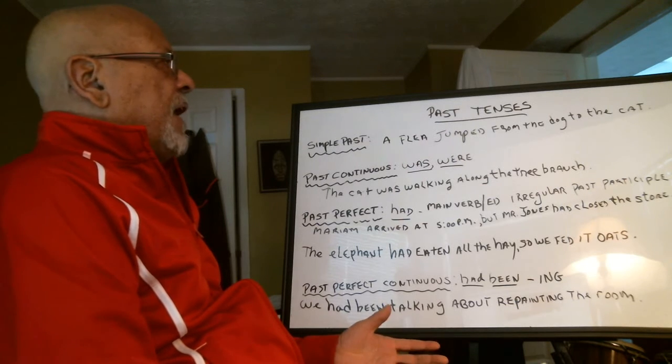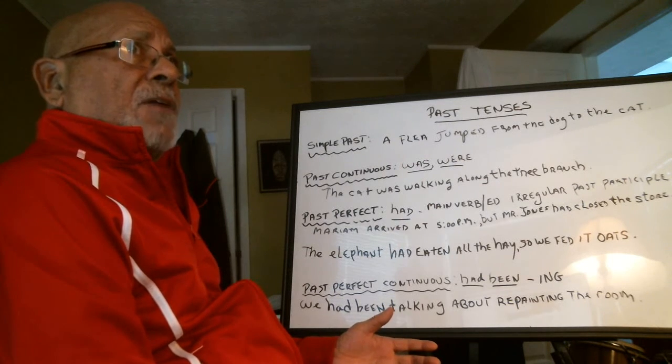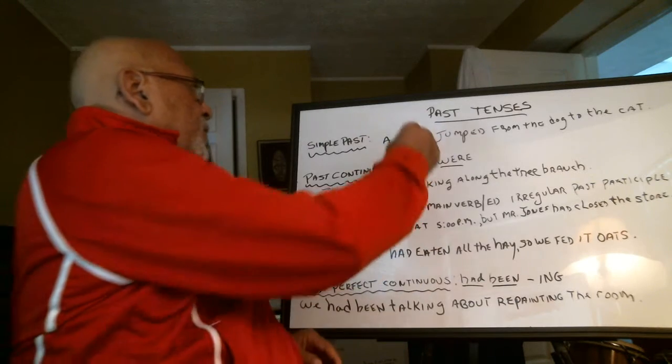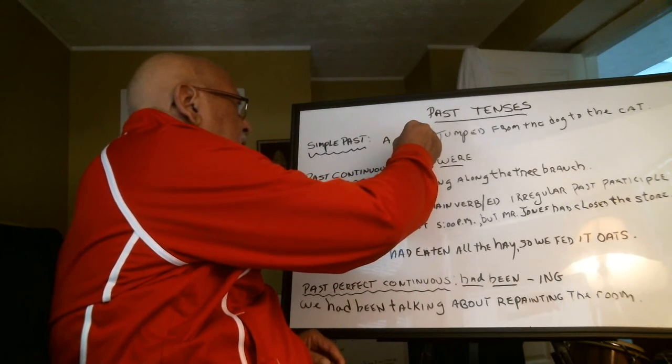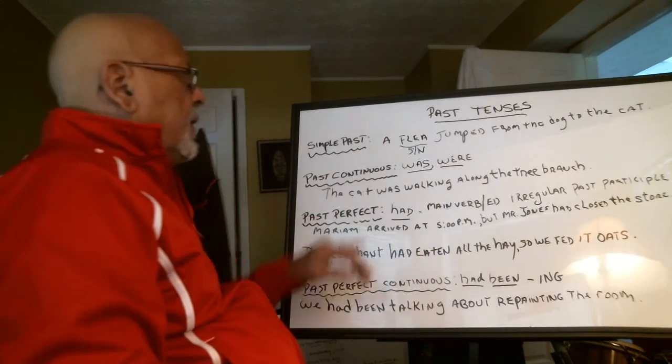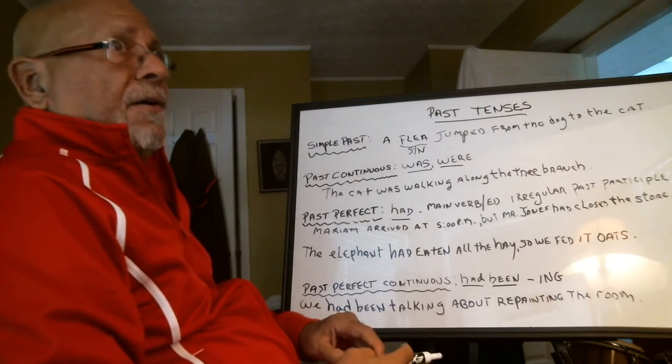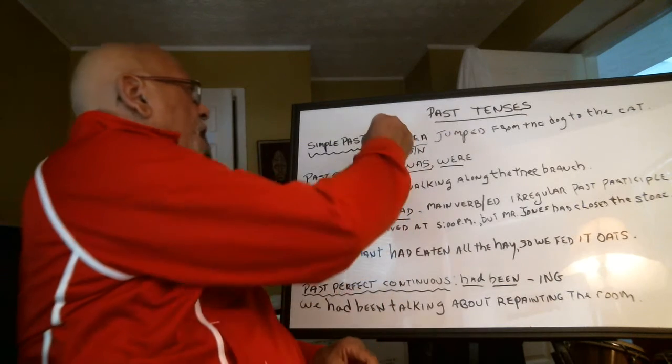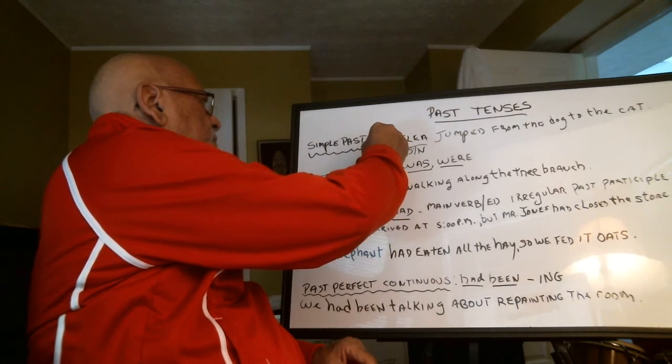So let's first identify the subject, a flea. The flea is the subject and is a noun. The first word is an article.